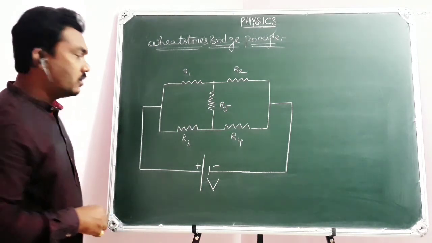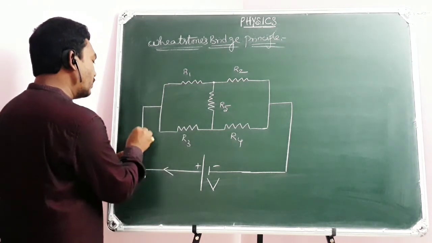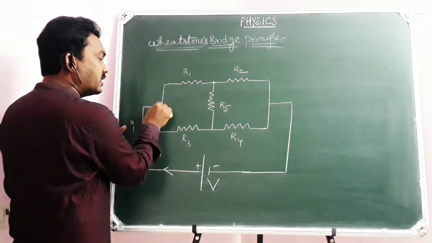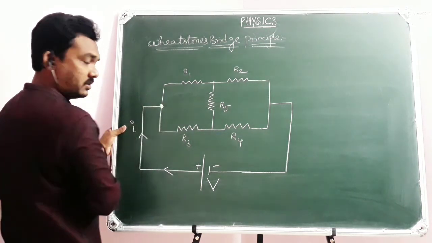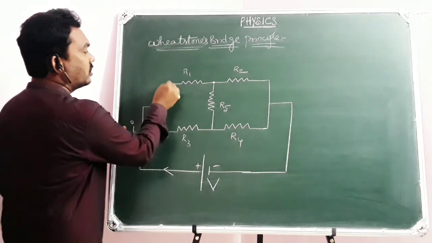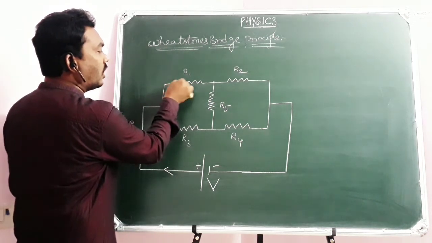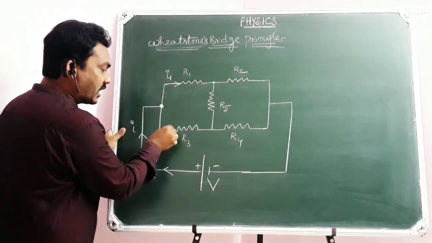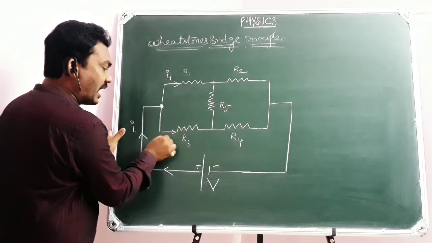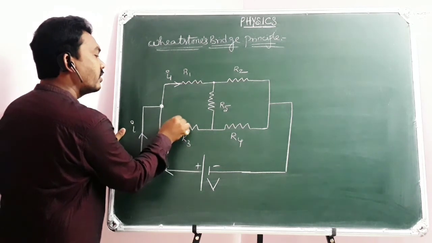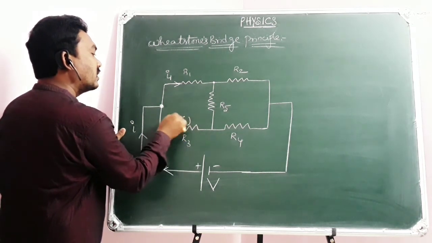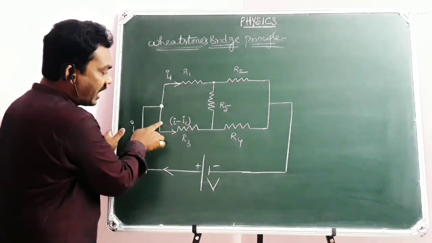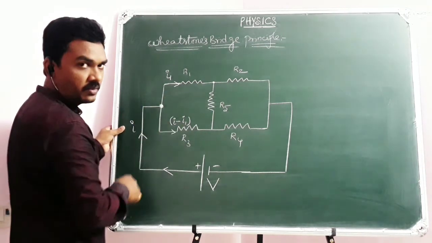Now here, when a current I is drawn from the cell in the electric circuit, this current finds two different paths at this junction. So let us suppose the current through R1 is I1. Then the current through R3 will be I minus I1, because the circuit current is I, and I1 is going through R1, so the remaining I minus I1 will go through R3.